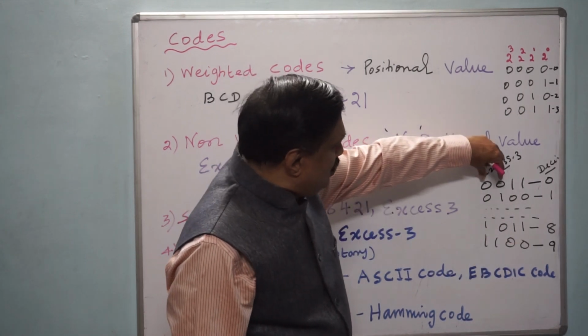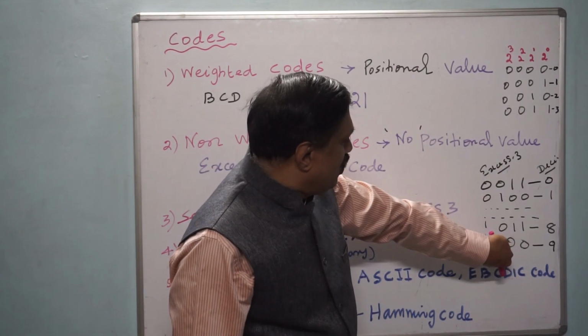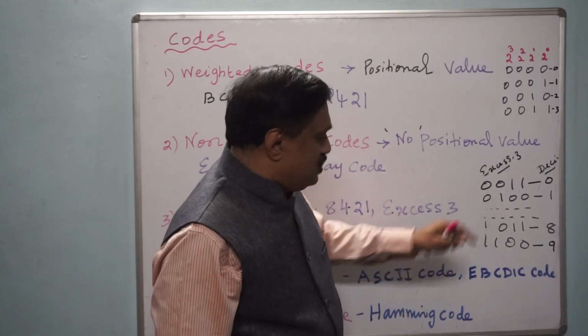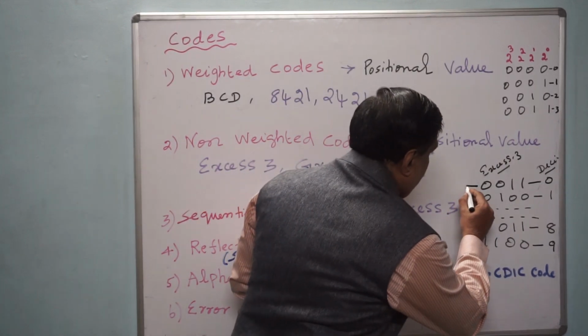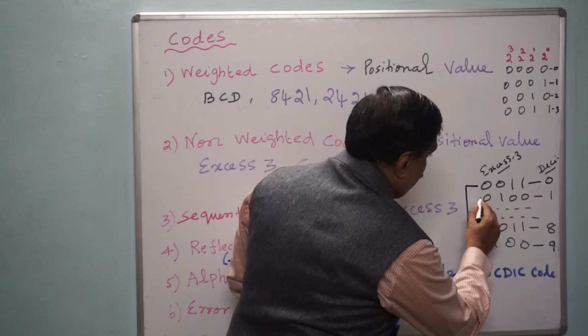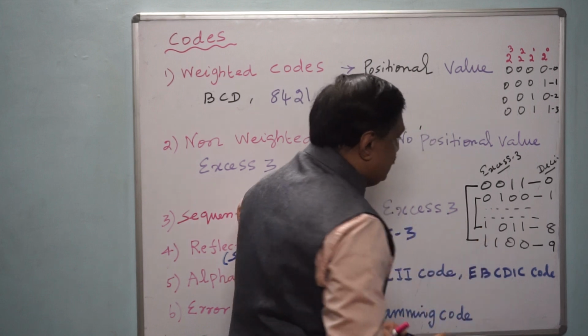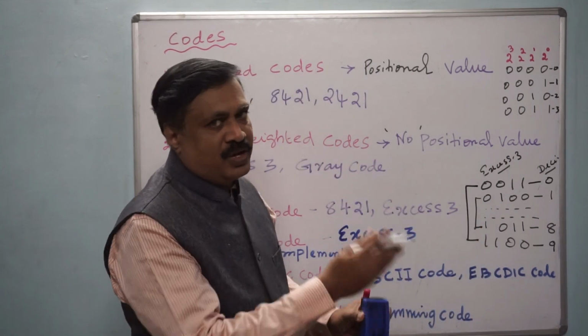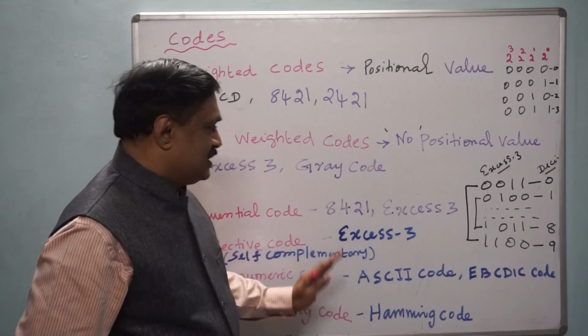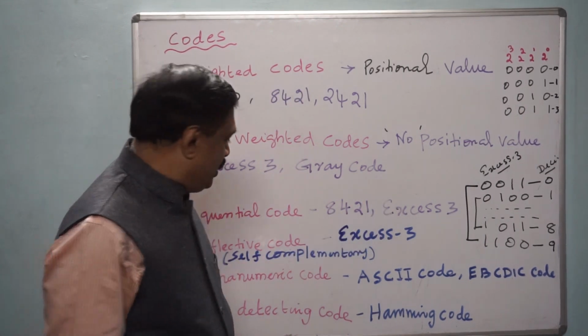That means these two 0s are here 1 1, and these two 1s are here 0 0. That means this is reflective. And 1 is reflected in 8. Each number has a reflection there. Therefore, it is called reflective code. XS3 code is an example for the reflective code.